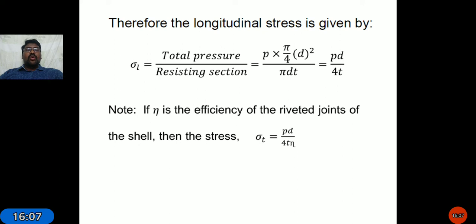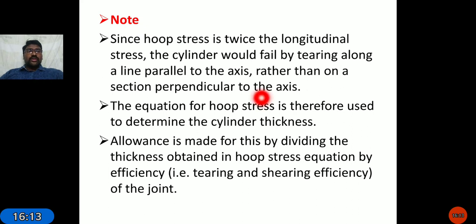That means a greater amount of stress will be developed in the circumferential direction compared to the longitudinal direction. Next, the cylinder would fail by tearing along a line parallel to the axis, rather than on a section perpendicular to the axis.